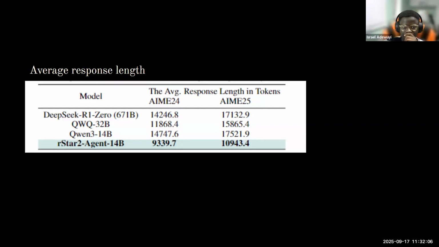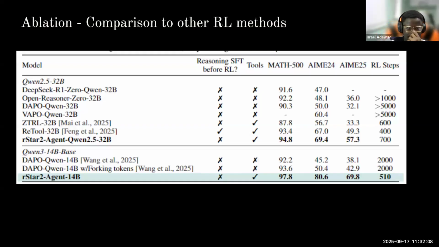So, yeah. They had ablations where they compared GRPO-RoC to other variants of GRPO, other variants of RL training. And again, they had decent benchmark results, specifically on AIME 24.